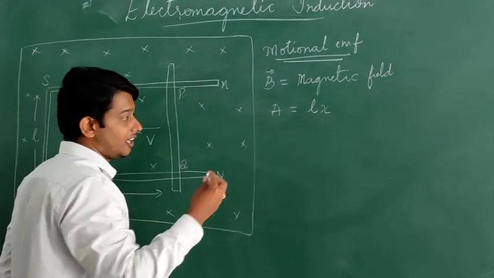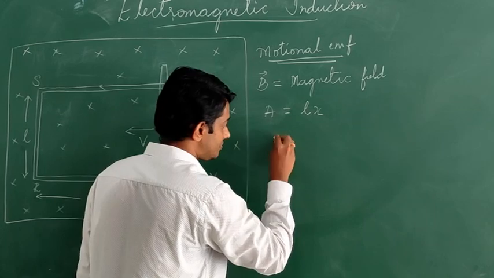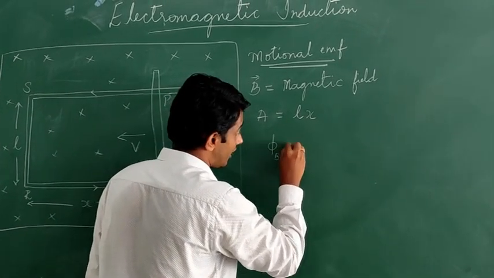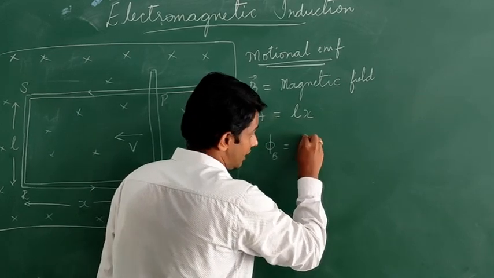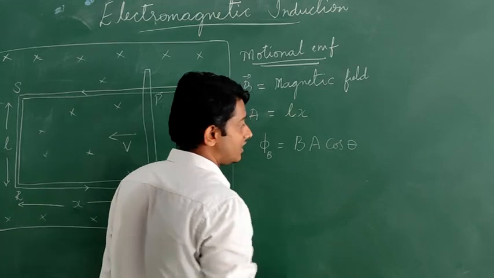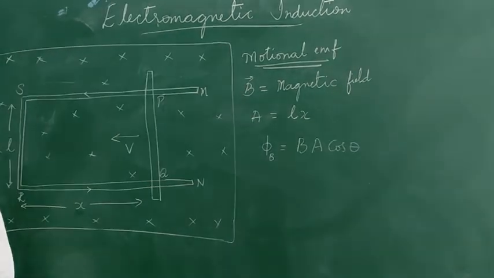Then let us find the magnetic flux. The magnetic flux phi B is equal to BA cos theta.